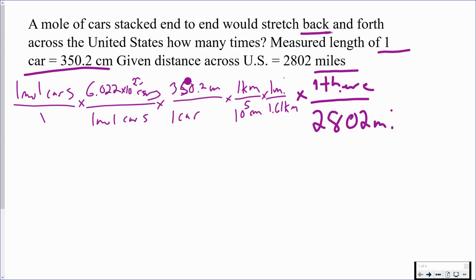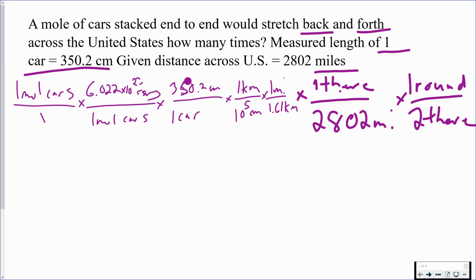But we want to go there and back, or back and forth. So that means that it is one round trip, okay, per 2 theres, because you would agree that a there and a back is really 2 theres. All right, that's our work.